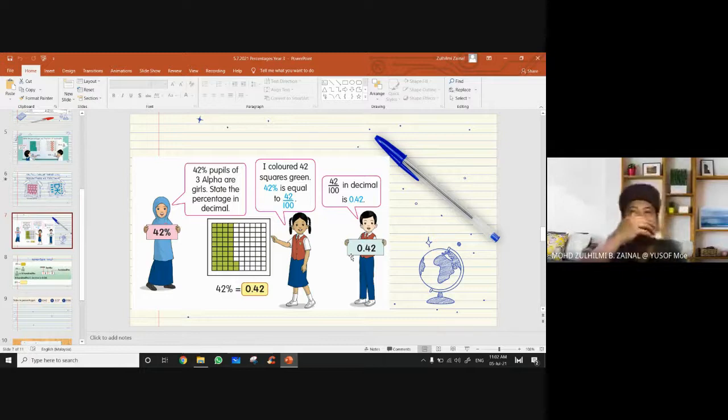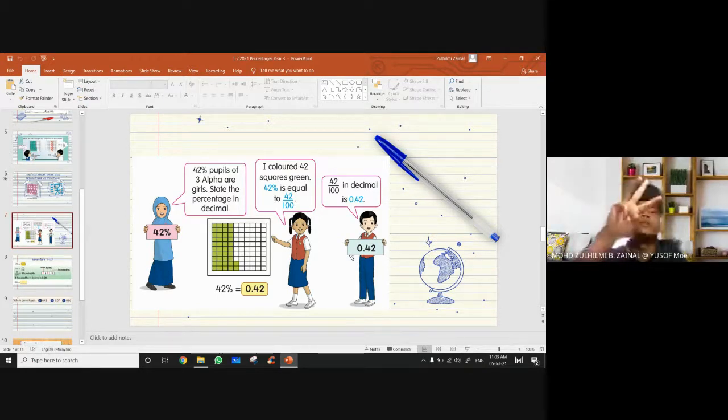So for percentage topic, for this kind of question, you have to change the percentage into fractions of 100. Once you finish with fractions of 100, then you change it into decimals. Macam 3 steps lah.